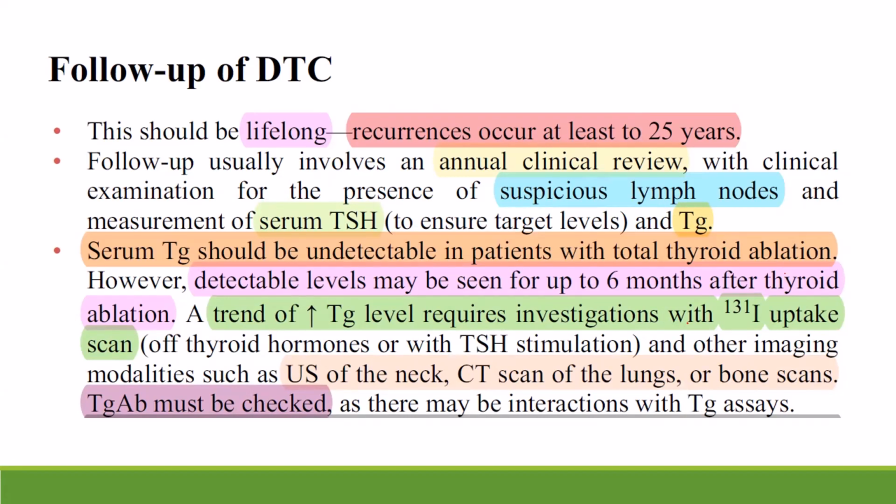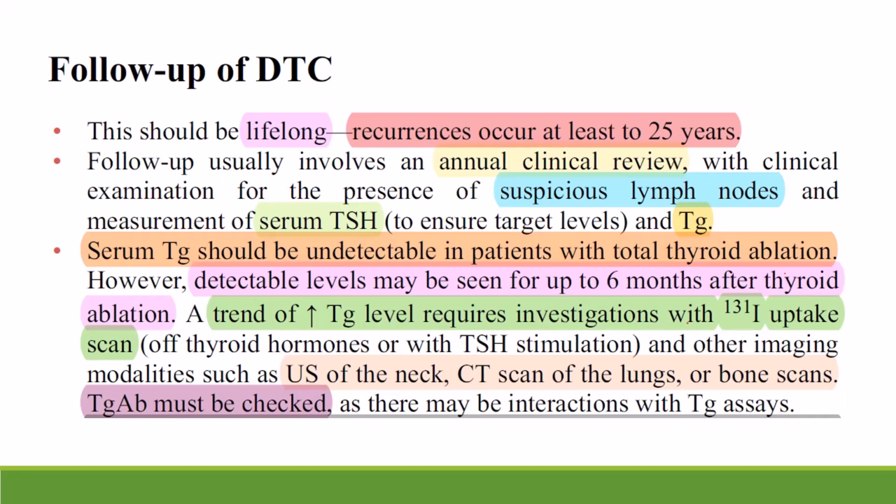Follow-up usually involves annual clinical review with clinical examination for the presence of suspicious lymph nodes and measurement of serum TSH to ensure the target level, and TG. So we should do TG and TSH annually. Serum TG should be undetectable in patients with total thyroid ablation.